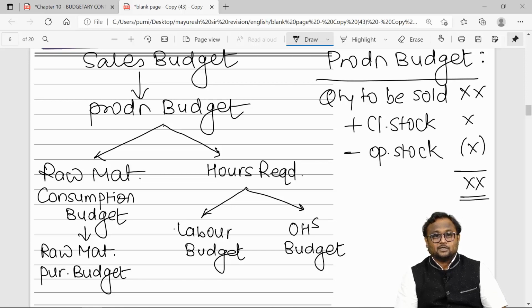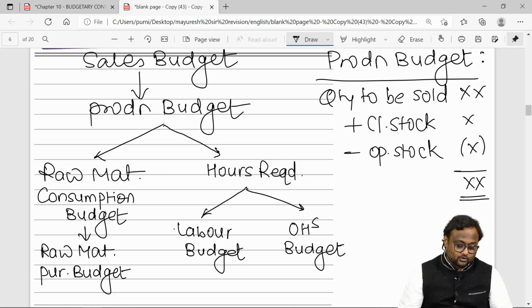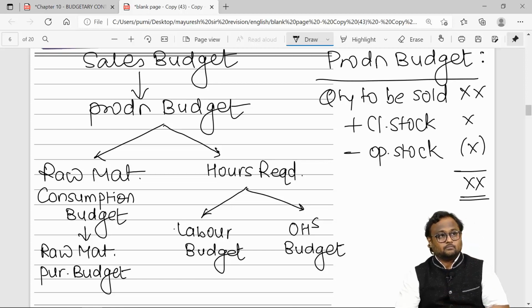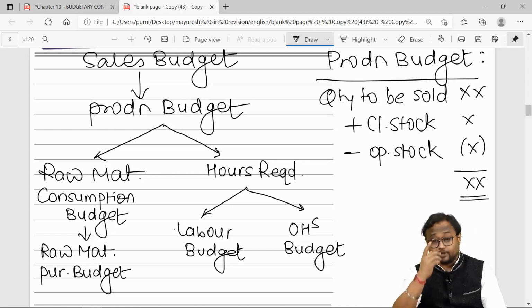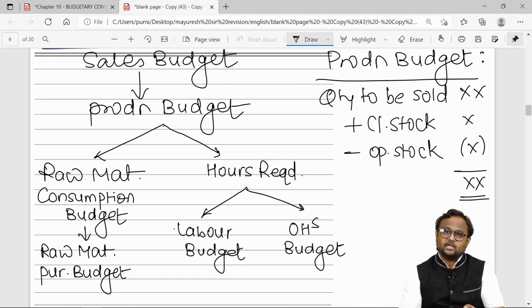You understood this? Sales, I want to sell 10,000, produce 10,000. I want a stock of 7,000 after that. Produce 17,000. I already have 2,000 in opening stock. Then produce 15,000. One unit takes 3 hours. So for producing 15,000, I need 45,000 hours to be utilized.